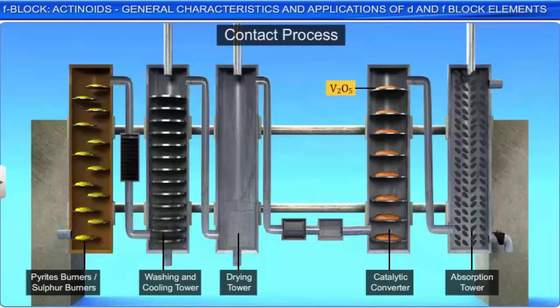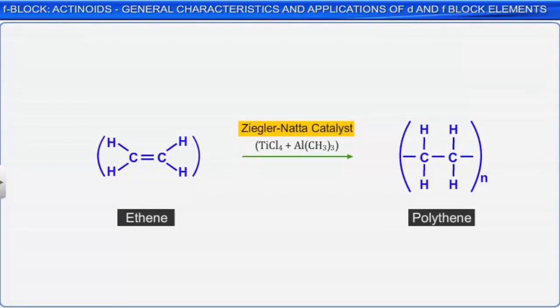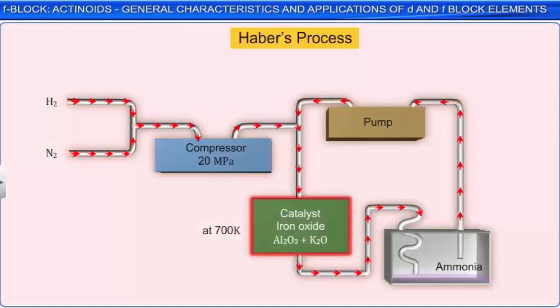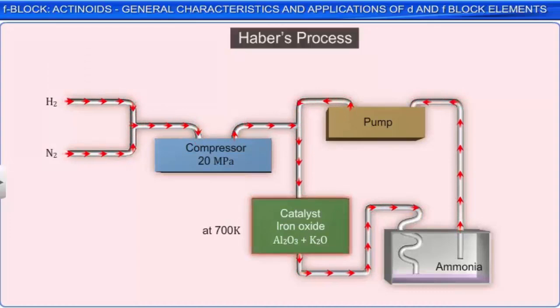Iron in Haber's process for the production of ammonia. Nickel in the hydrogenation of fats. Palladium chloride in the Wacker process of oxidation of ethene to ethanol. Nickel complexes in the polymerization of alkynes and other compounds such as benzene.